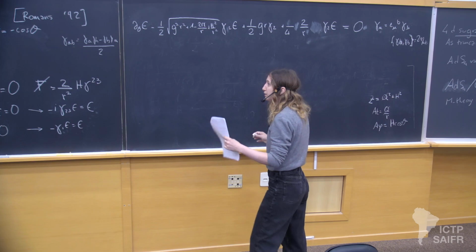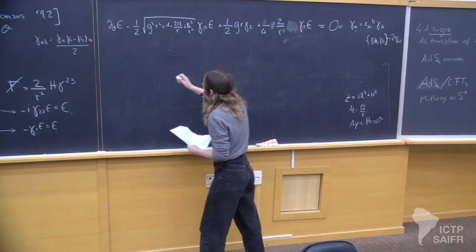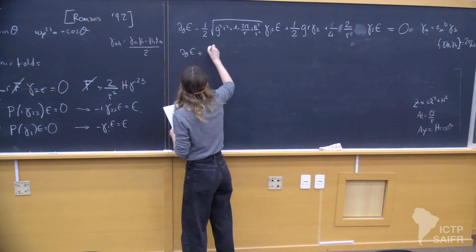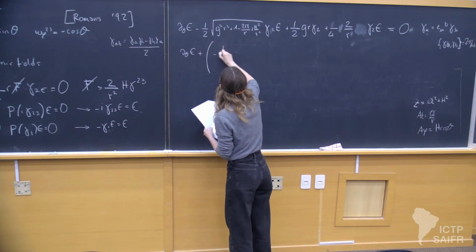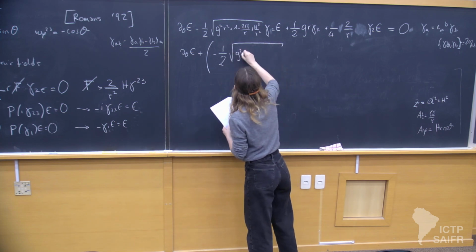Okay, so we are almost there solving the Killing-Spinor equation. You see that d theta epsilon, and then we can group everything into a big bracket. Again, I'm going to write it again.